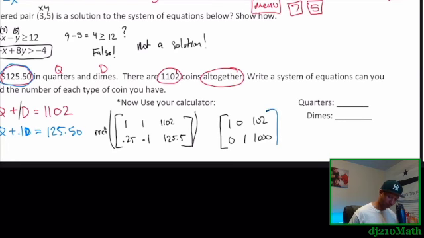That's really what it comes down to. So remember, that first row is going to deal with the variable of the first column. So this is Q. Then the second row is going to be the second column, so this is going to be the dimes. So there were 102 quarters, 1,000 dimes.